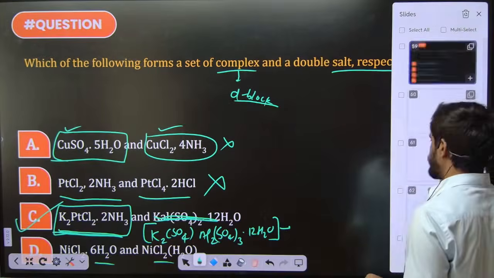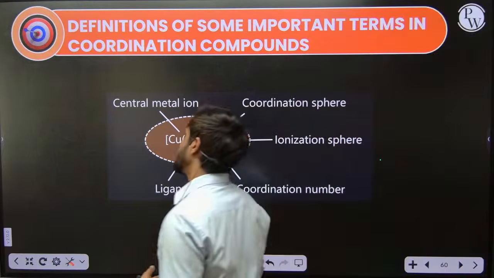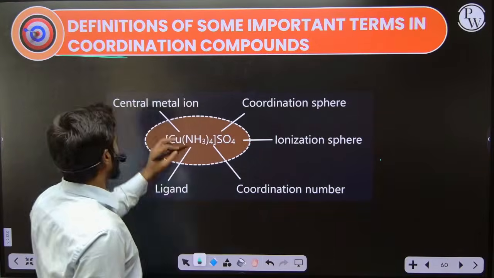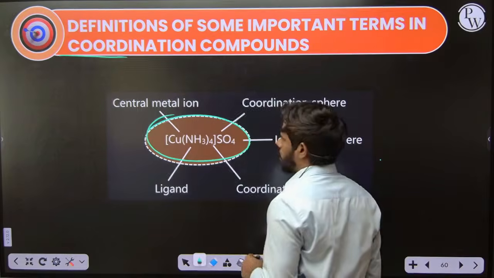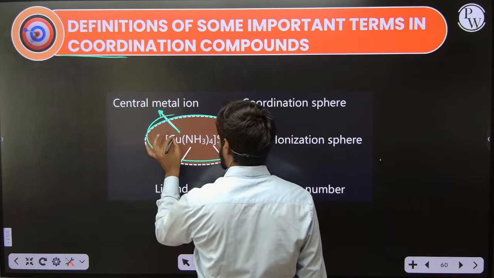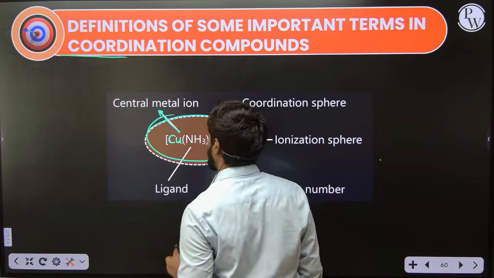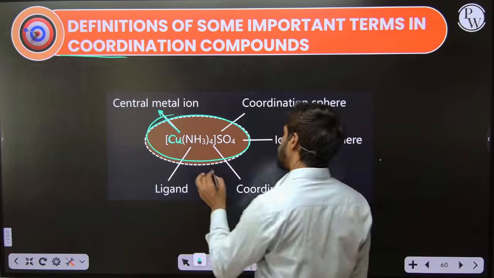Next are some basic terminologies about the coordination compound. A coordination compound has one central metal atom. So what is a central metal atom? It is the metal atom which accepts lone pairs from the ligands.